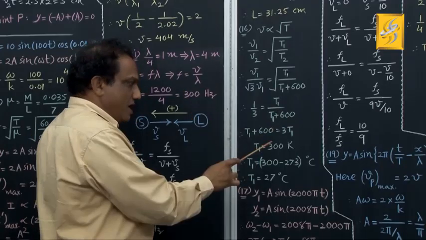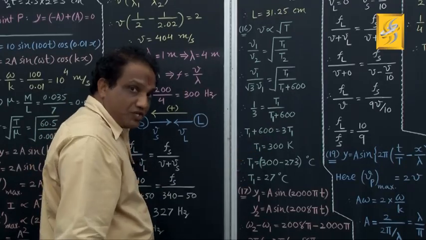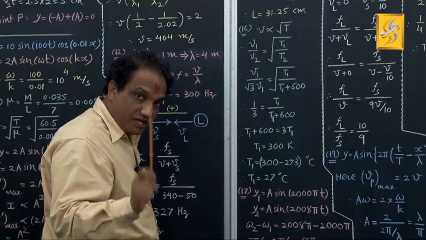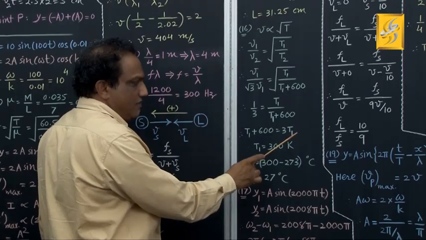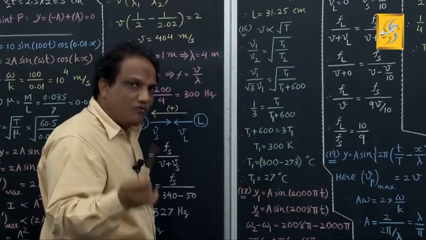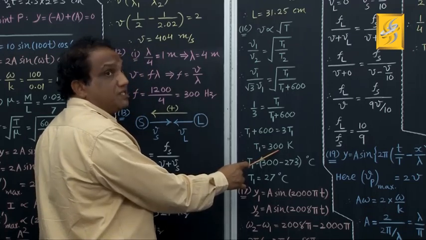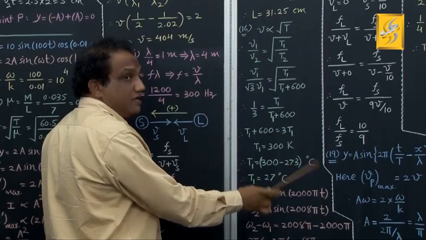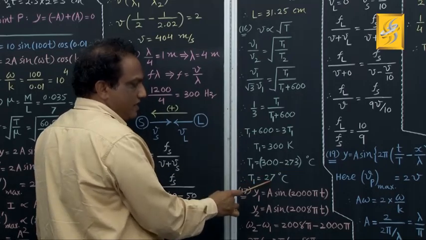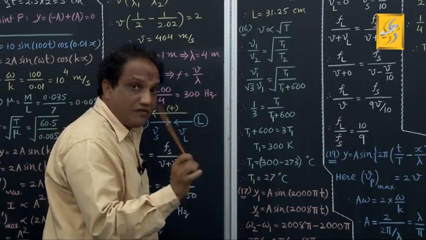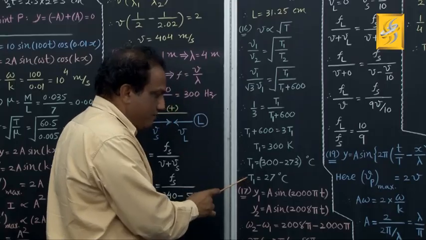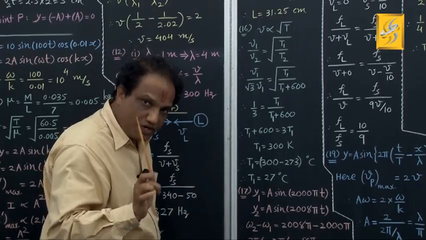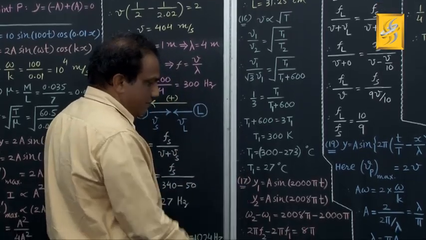But because the first temperature is given in degree centigrade, we must convert Kelvin into degree centigrade. For that, you should subtract 273 from this Kelvin value. 300 minus 273, that is 27 degrees centigrade. That must be the initial temperature. Got it? Read number 17 now.